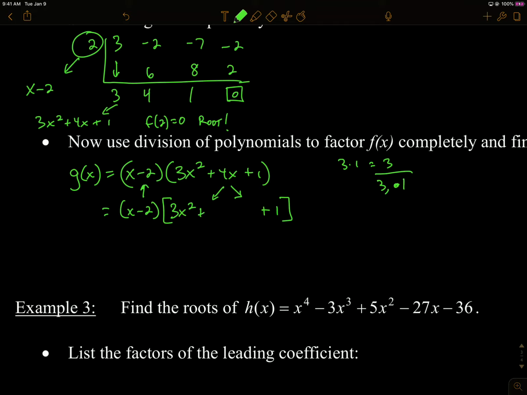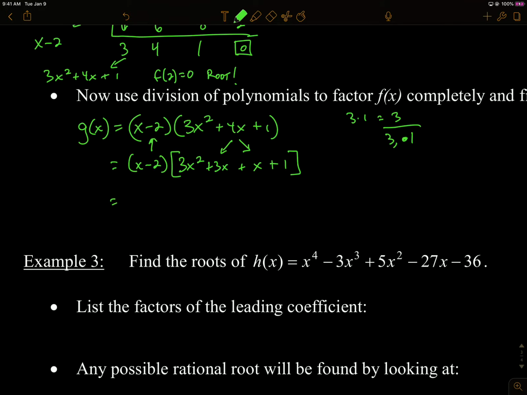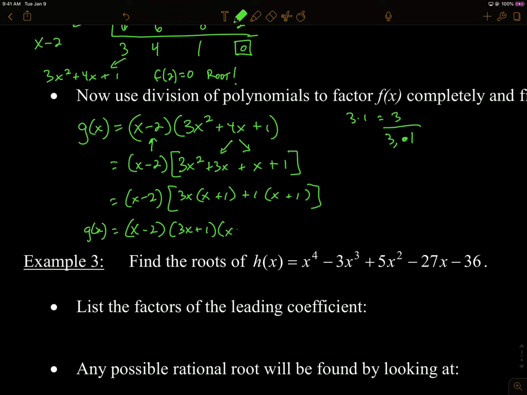So we're going to call it plus 3x plus 1x. So we get x minus 2. And now if I common factor a 3x out of that and a plus 1 out of that, I get x plus 1, and here I get x plus 1. So finally factoring g of x, I get x minus 2 times 3x plus 1 times x plus 1.